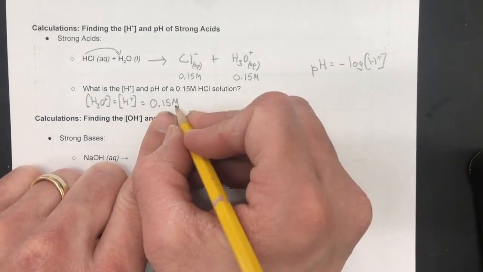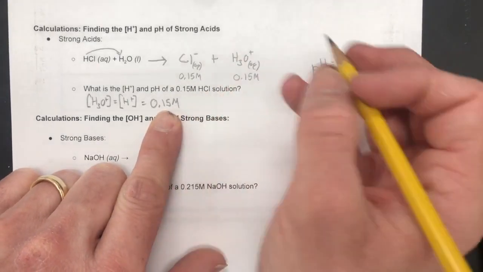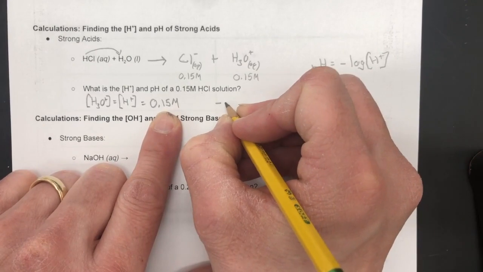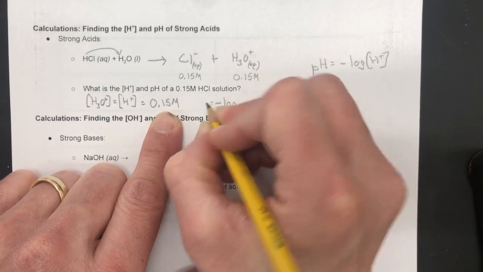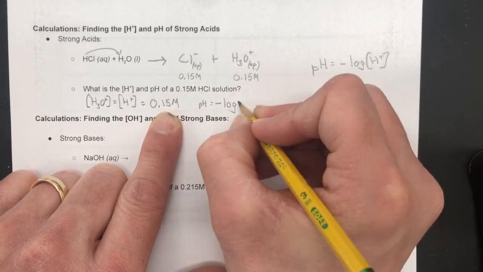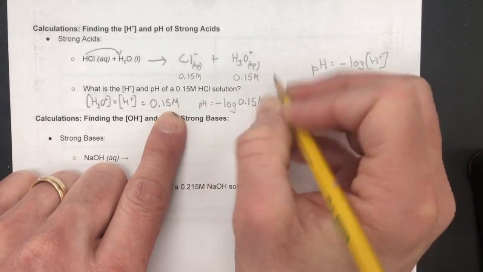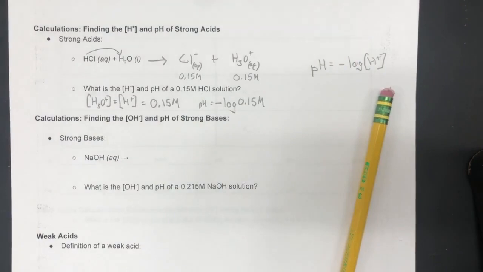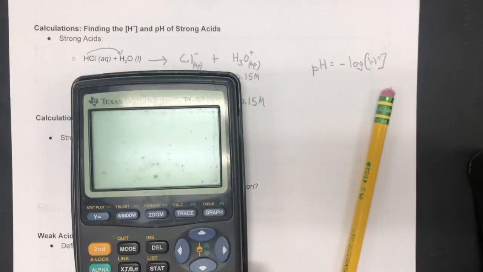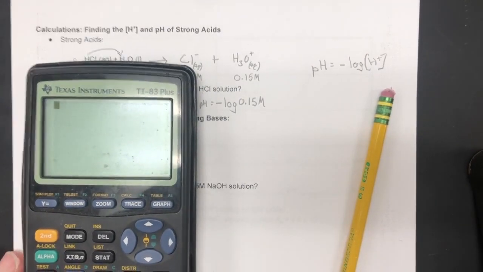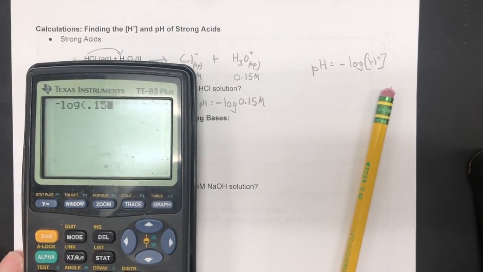So I know the hydrogen ion concentration, so I just got to plug it in on my calculator. So negative log of 0.15.